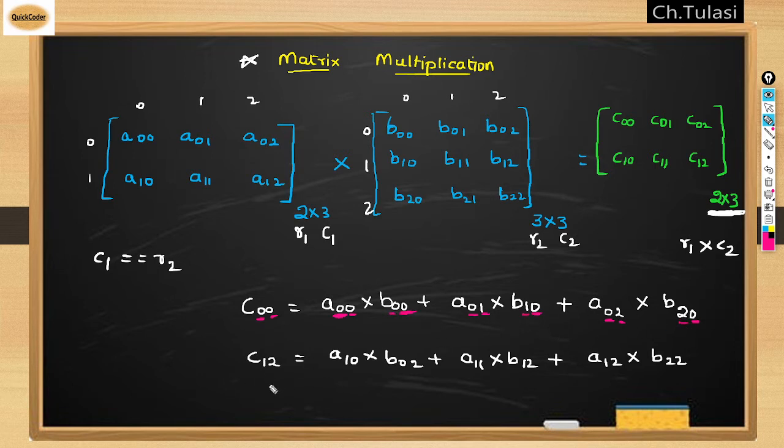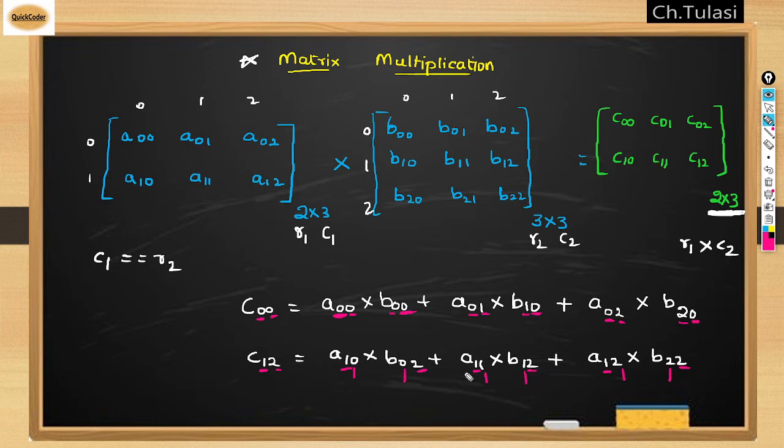Let me do this also. C12 means nothing but here this 1 indicates this 1, so 1 is common, and this 2 indicates this 2, and here 0 1 2 and again 0 1 2. So we got a pattern here.